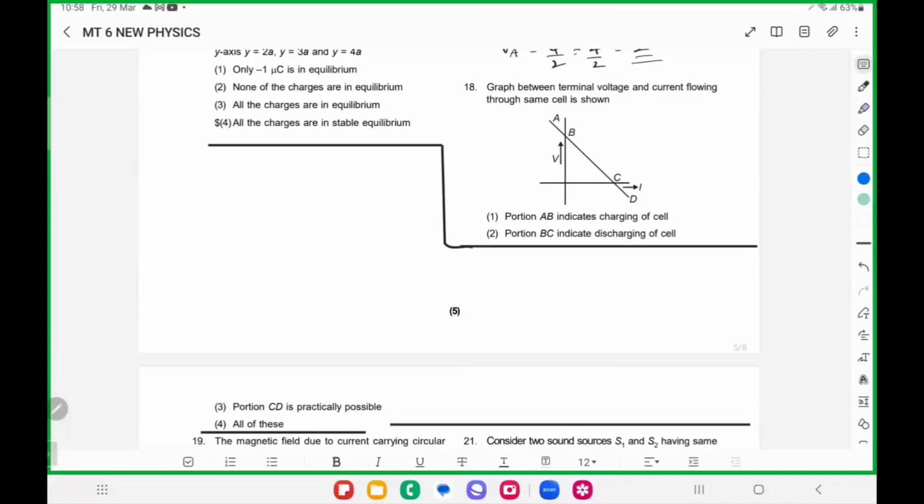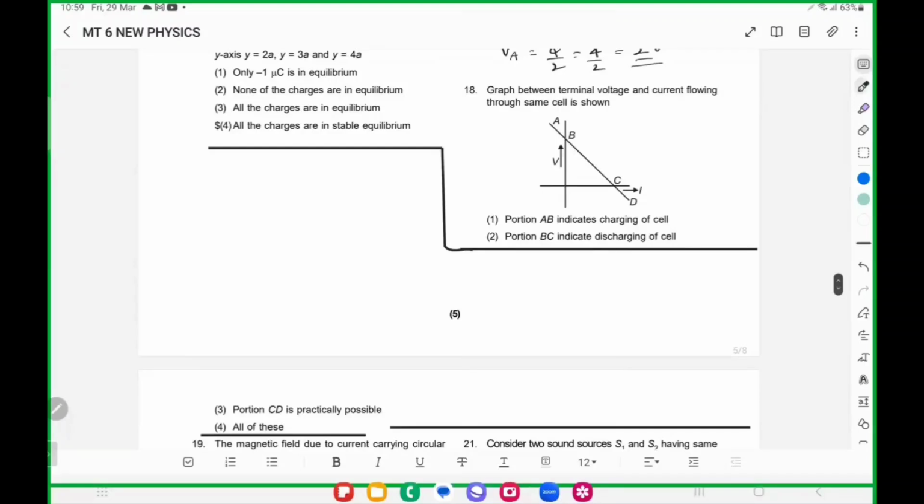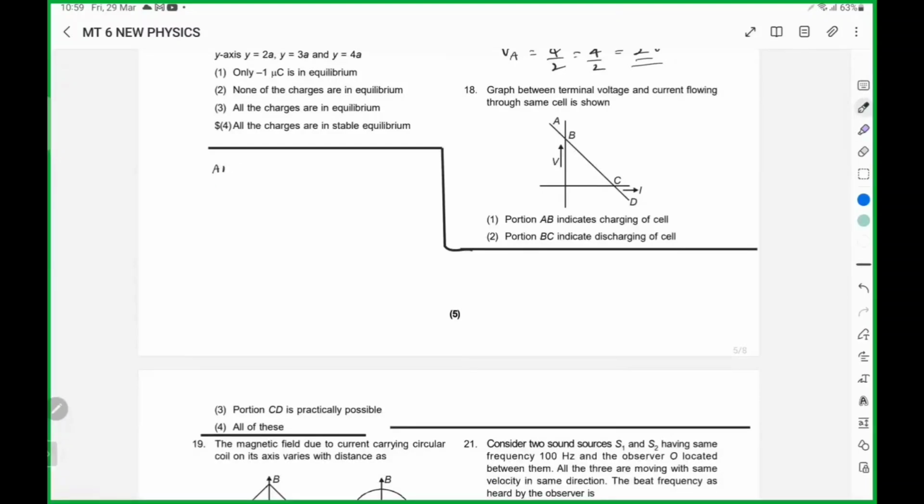Here, a graph between terminal voltage and current flowing through the same cell is shown in the figure. There are three parts: one is AB, another is BC, another is CD. So before that, what is terminal voltage?